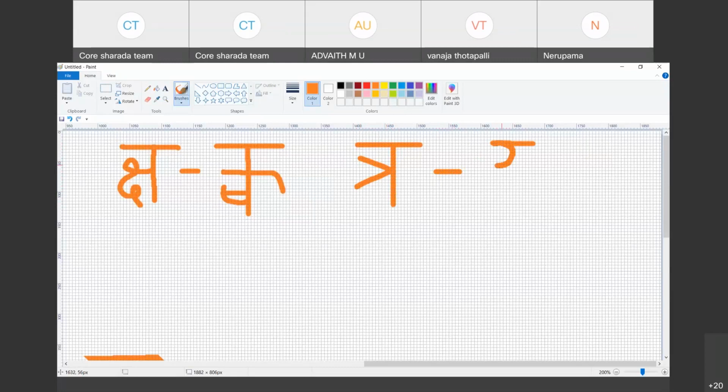We'll draw this t first. And at the end here, this line, a little longer. Then the last one from this is gya. In Sharda, gya is the combination of j and r.